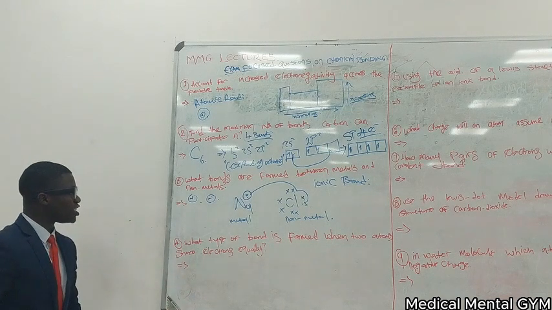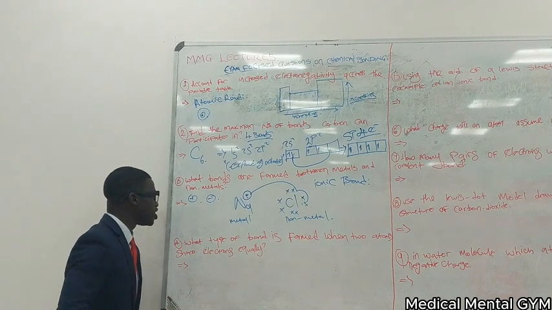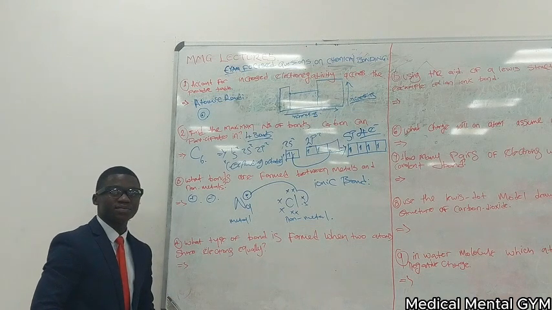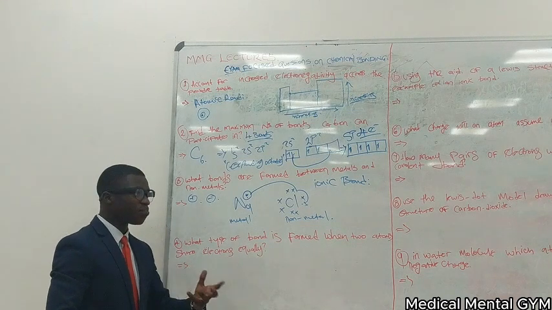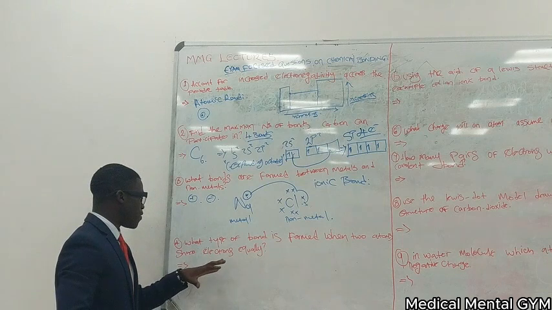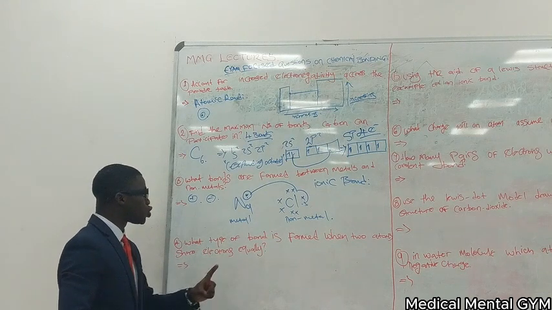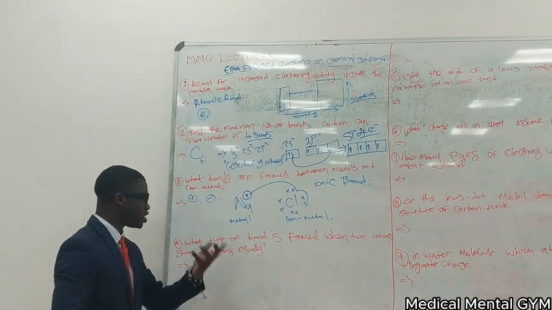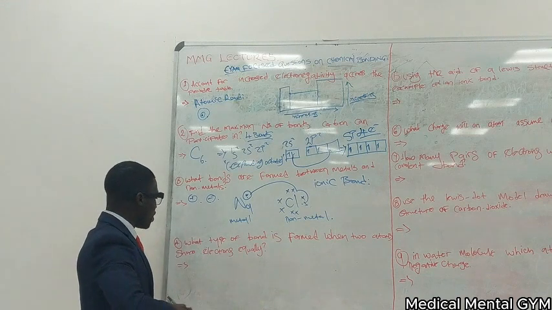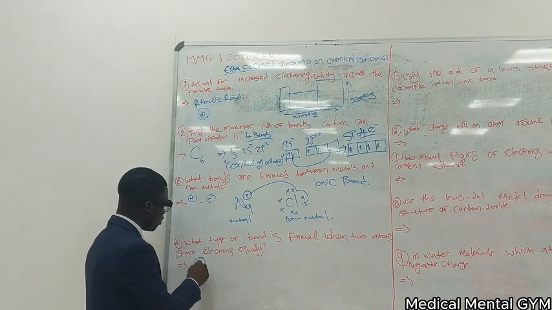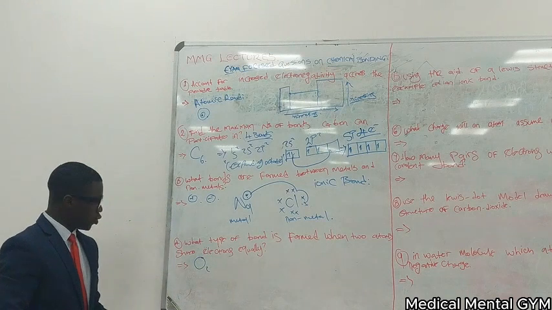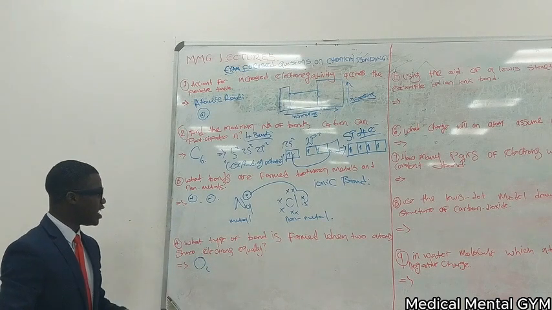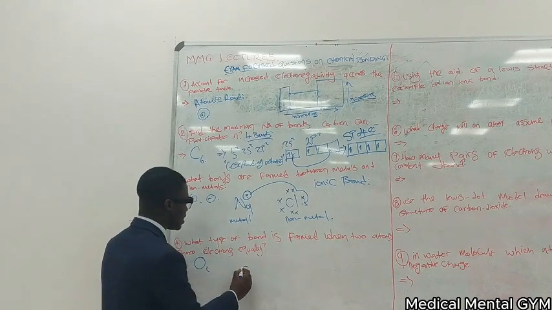The fourth question says, what type of bond is formed when 2 atoms share electrons equally? I'll give you a practical example of a scenario where 2 atoms share electrons equally. Here we have our diatomic oxygen, which in our Lewis structure appears as is.